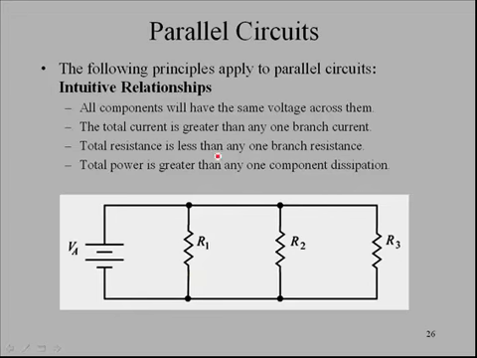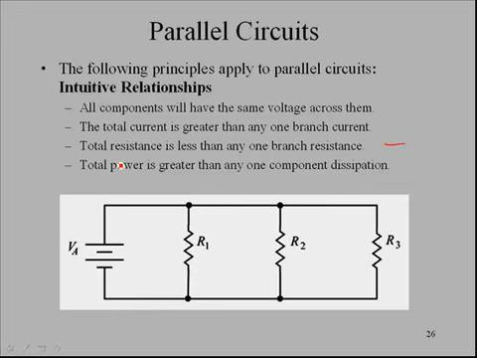The total resistance is less than any one branch resistance. And what we'll find, there's a rule of thumb concerning parallel circuits, that if we have multiple resistances in a parallel circuit, you will find that the total resistance will be less than the very smallest resistance.